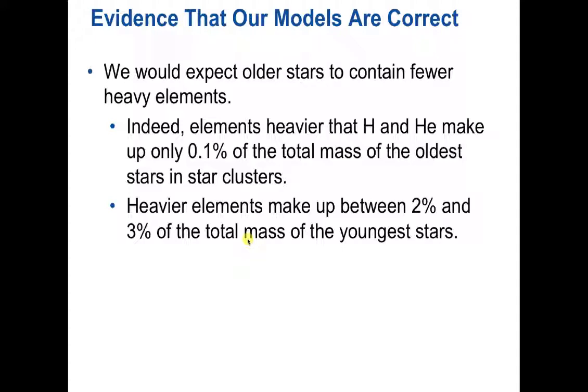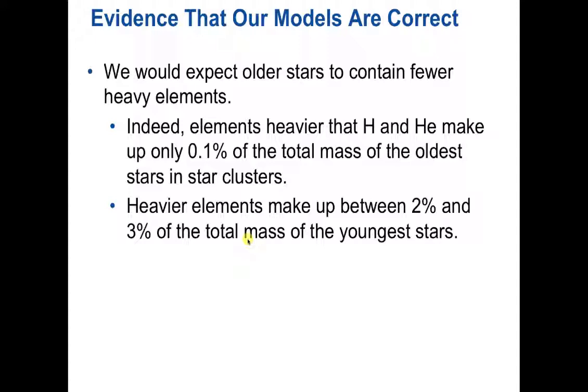If you could find a star or a cluster of stars that formed, let's say, 10 billion years ago, it should have less, let's say, magnesium and oxygen and so on, than a star that was formed like 5 billion years ago. And that's indeed what we find.